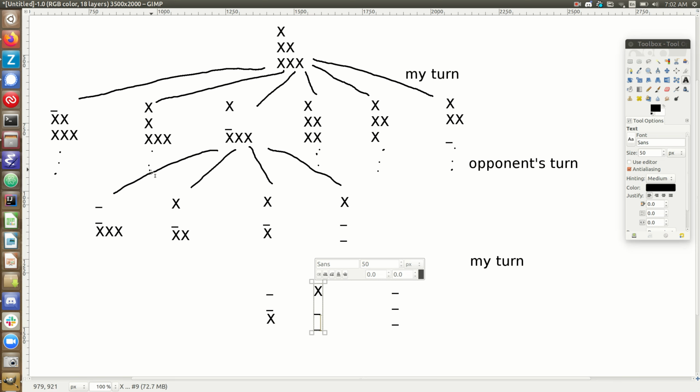And this one has 3 children, one where I take from the first row, and the third row is all left. One where I take from the third row, and there's one left, and one where I take from the third row, and there are none left.